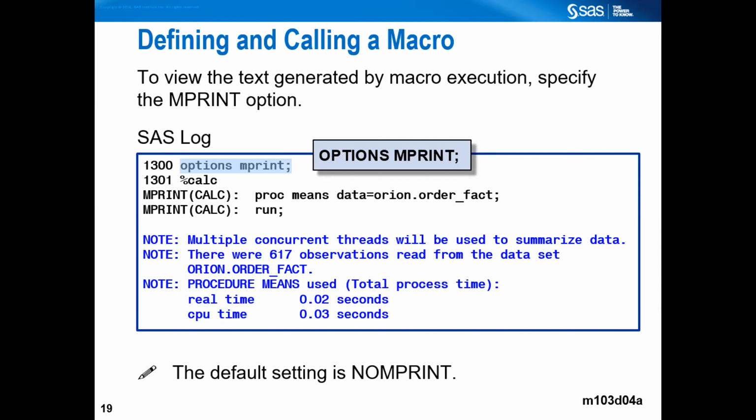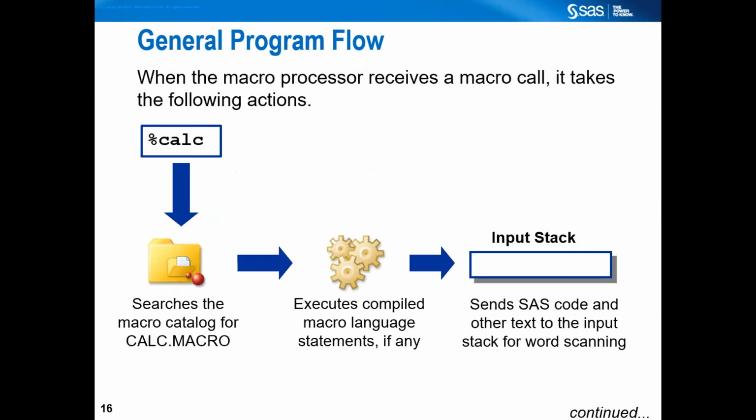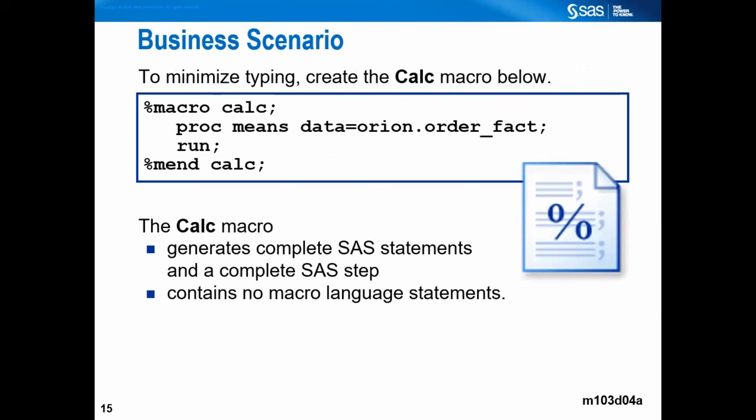Ashwini, in one of the slides where it is defining and calling a macro, at the bottom of the slide, it has shown that proc means source code doesn't appear in the SAS log. Earlier, without mprint, it was not showing.